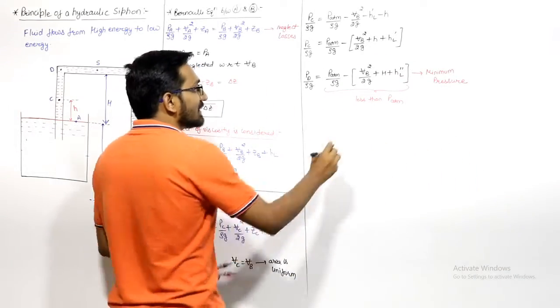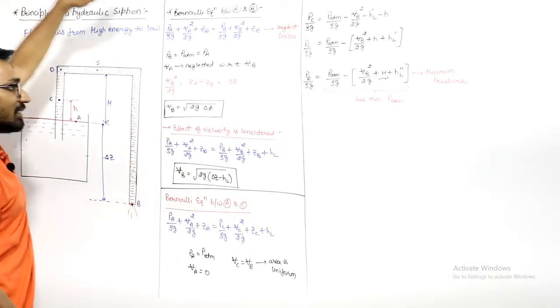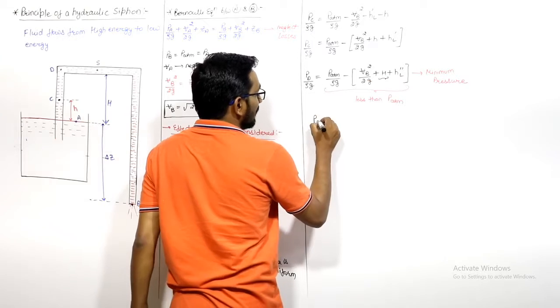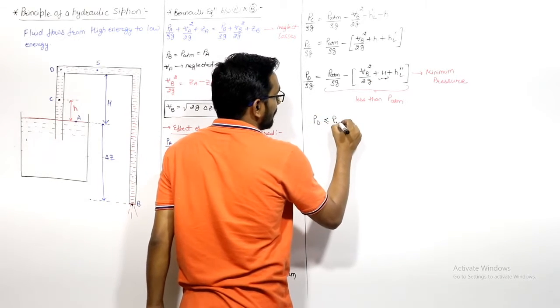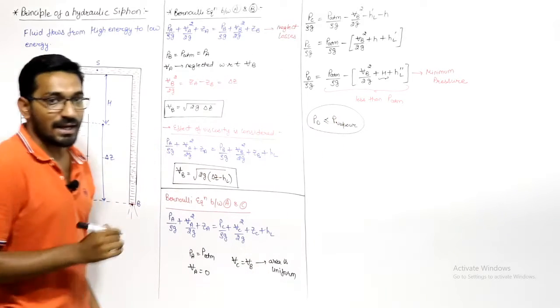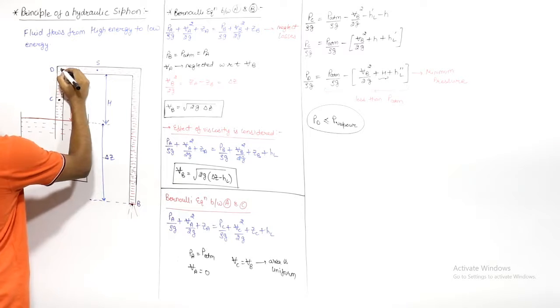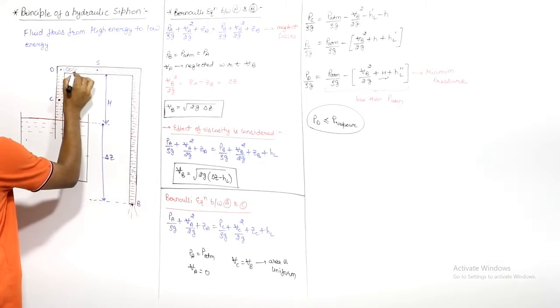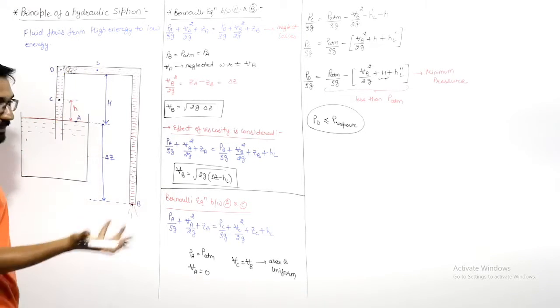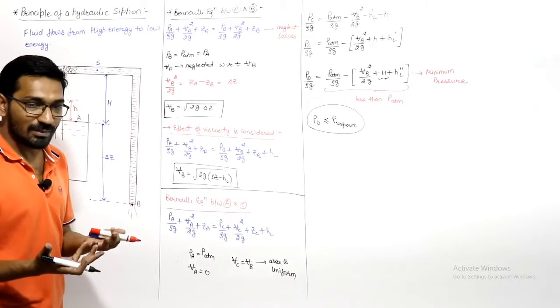Because this PD is a function of this H. If you increase H so much that PD is less than or equal to the vapor pressure at this temperature, then the water will start boiling. So when water comes here, it will convert into vapor, right? Then the whole function of the siphon will not be useful, right?